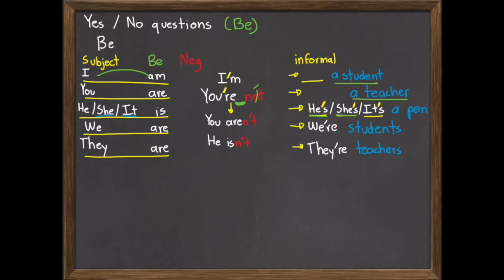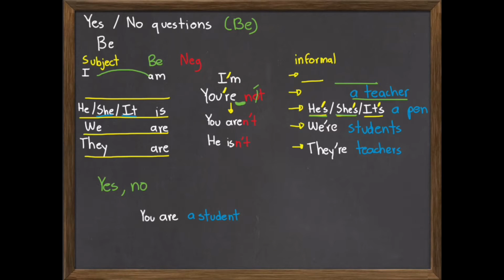Now let's look at the question form, and this is the easiest part. When you ask a yes or no question, you use the verb to be in the question form, like this. You put the subject, the verb, and the rest of the sentence, and here we have a statement.